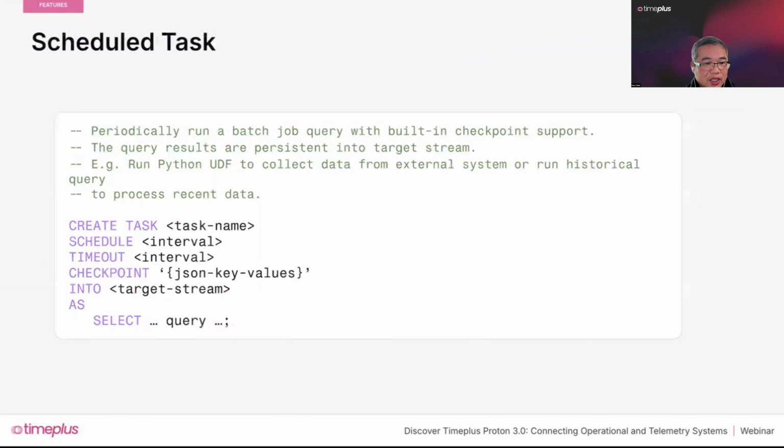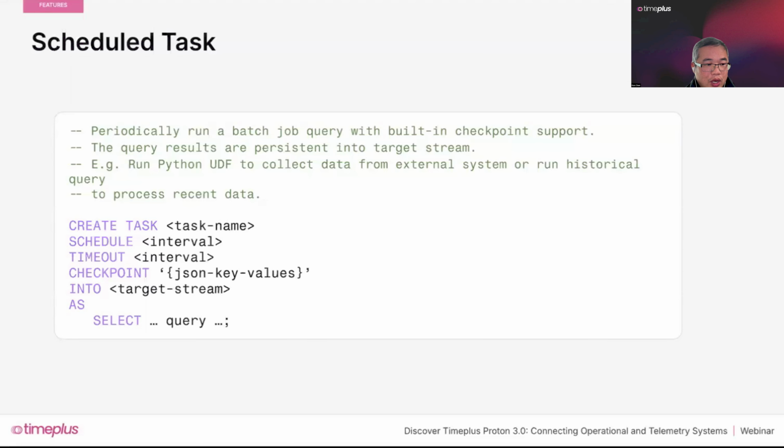Next one. Yeah, scheduled task, Gang already covered that. By the way, one thing to highlight is that a scheduled task can run a SQL in a periodic way, and the SQL can have a Python UDF, and the Python UDF can do anything basically because it has I/O.